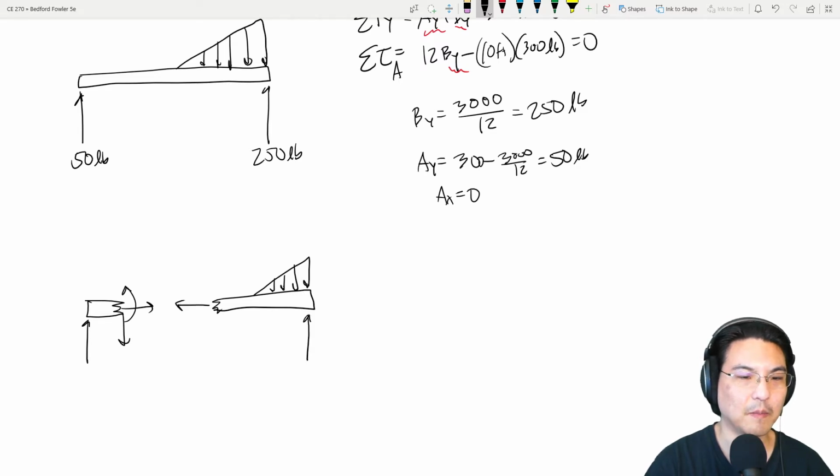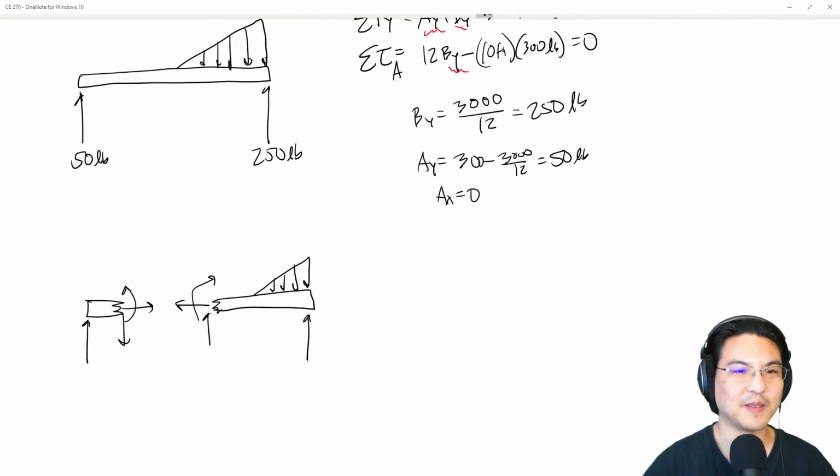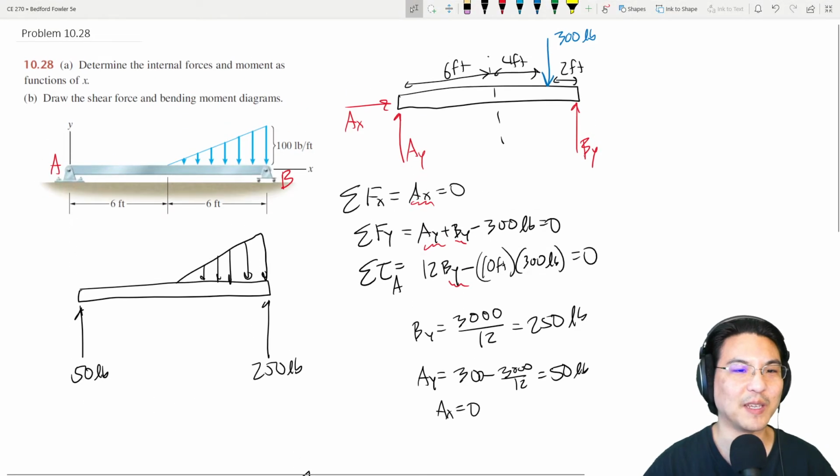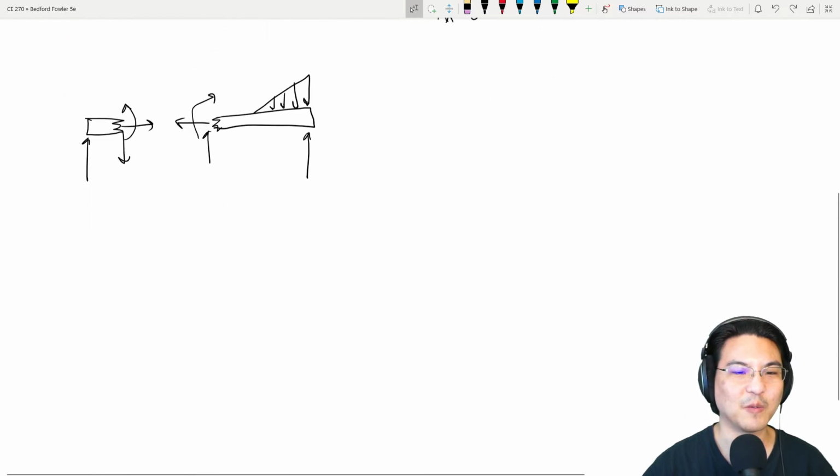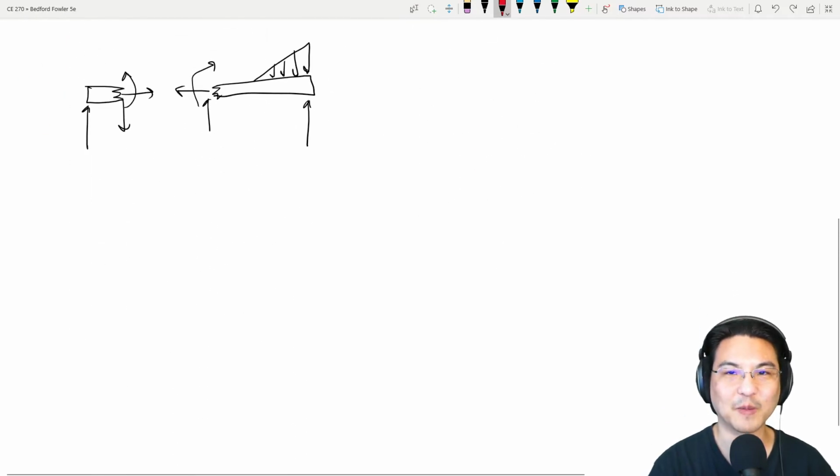But then if you cut this diagram anywhere between 6 feet and 12 feet, somewhere over here, then what will the free body diagrams look like?